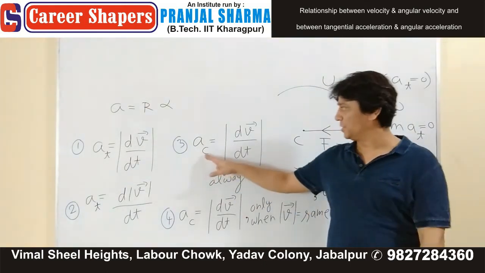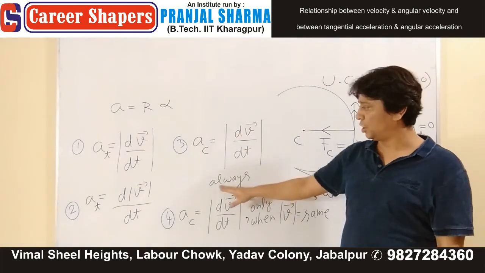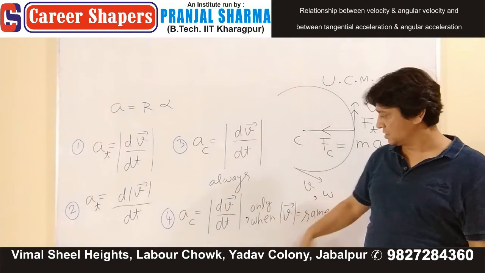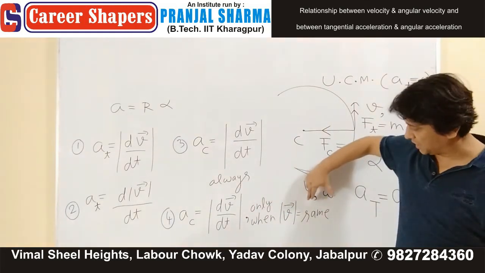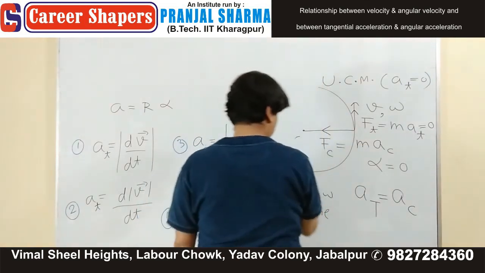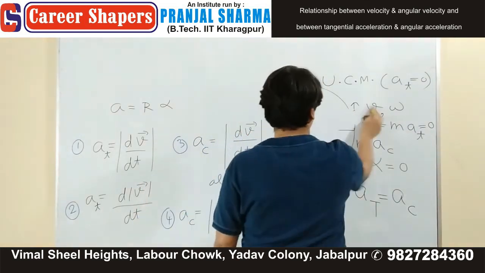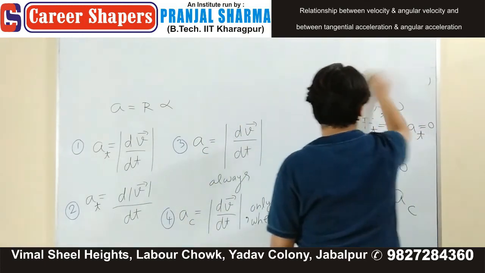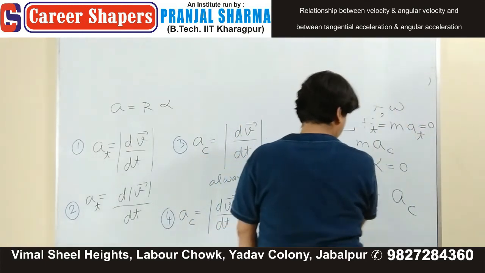Third says centripetal acceleration is this always. Fourth says centripetal acceleration is this only when speed is constant. Look at these four options and tell me which ones are correct. More than one option may be correct. Remember this.